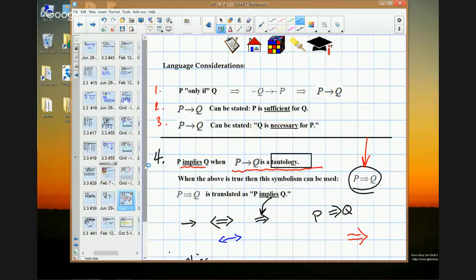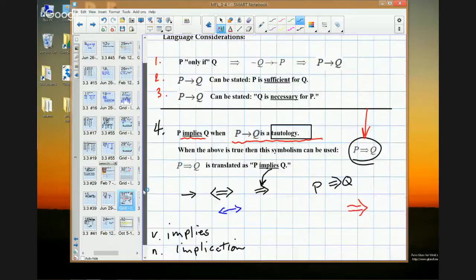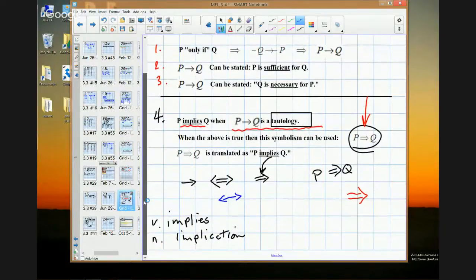Okay, now number 4. You're going to also see the word implies. That's the verb form, P implies Q, and you also know the noun form, implication. So here's how this works.